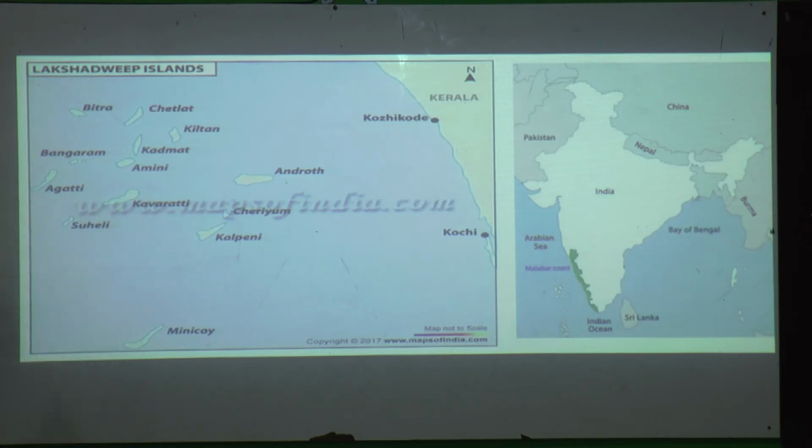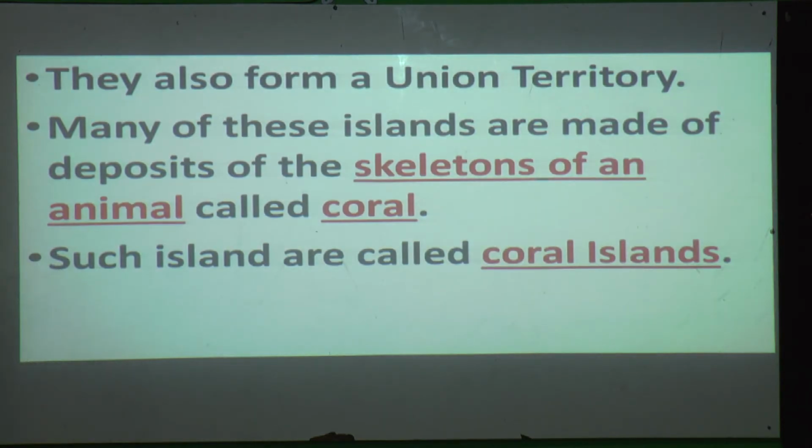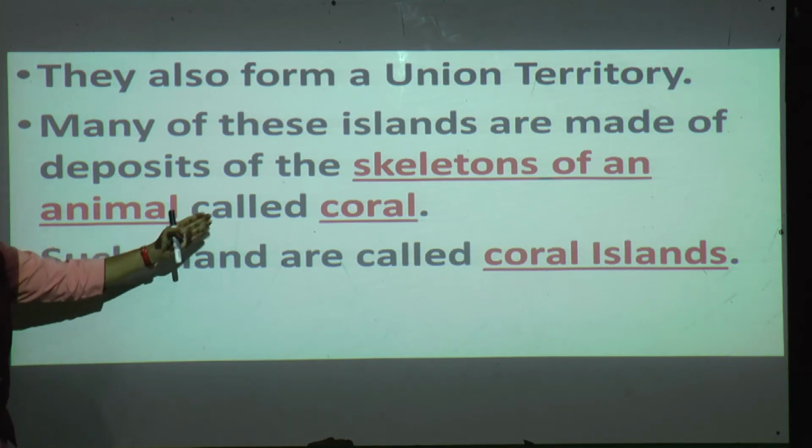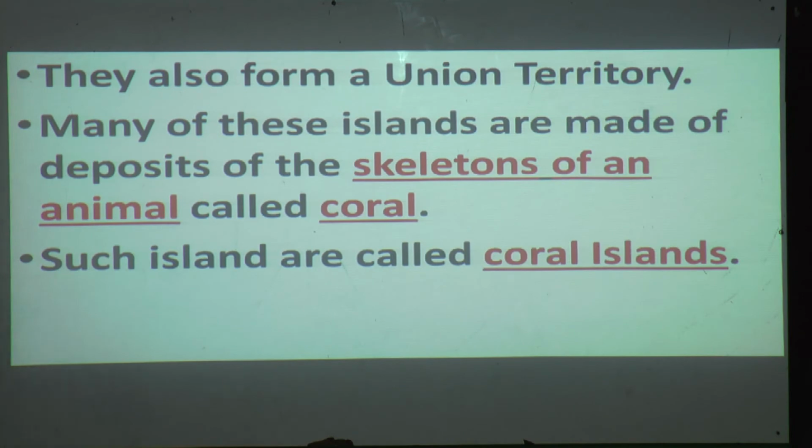Now we'll go to the next point. They also form a union territory. Many of these islands are made up of deposits of skeletons. The teacher is telling about the skeletons. What are these skeletons? Skeletons of an animal called coral. Animals live in these waters, but one day or another they will die.